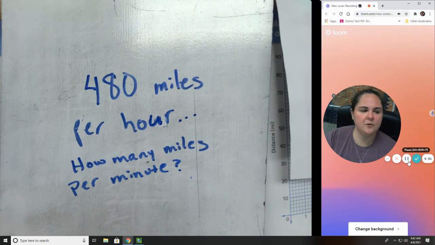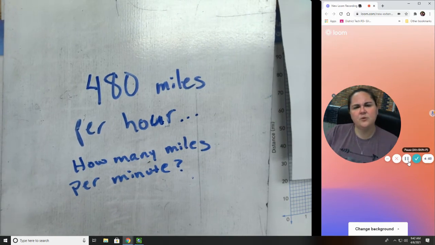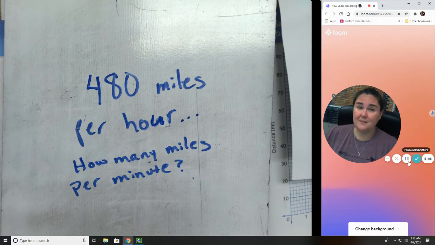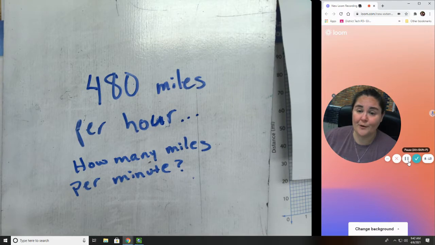What am I going to do with that? You are actually going to divide. If I know 1 hour has 60 minutes, that means I'm going to take this total amount and divide it by 60 to figure out how many miles I go per minute.